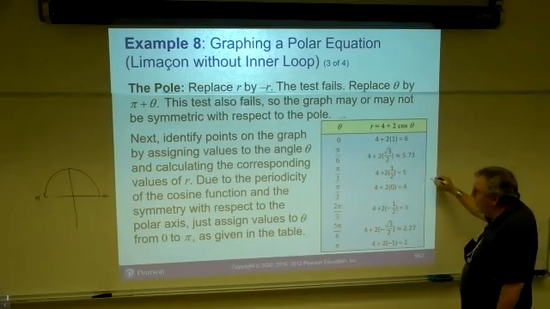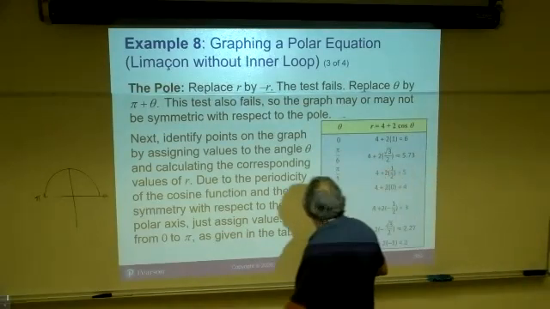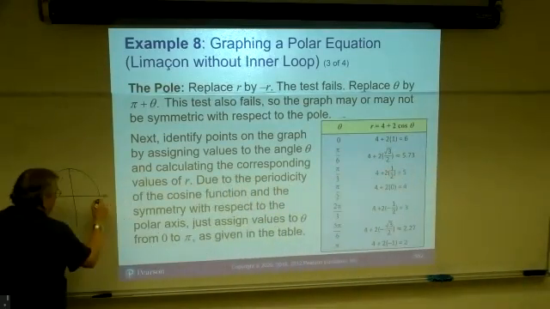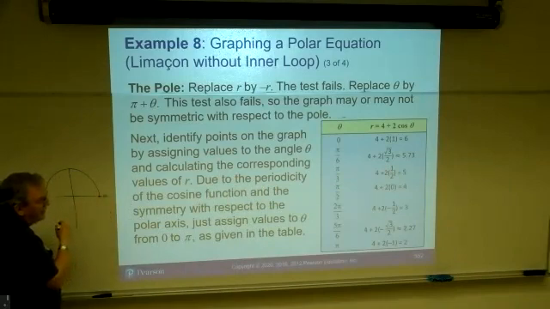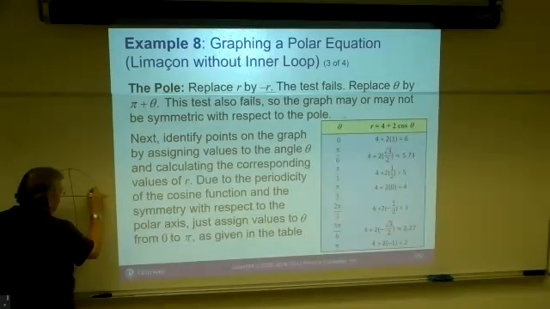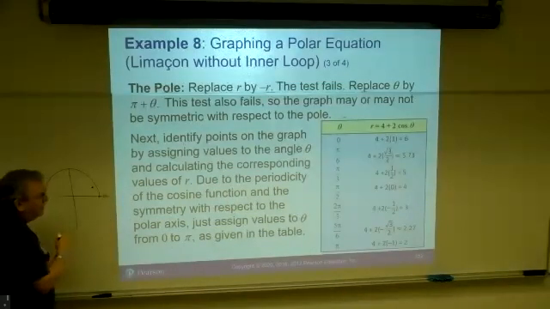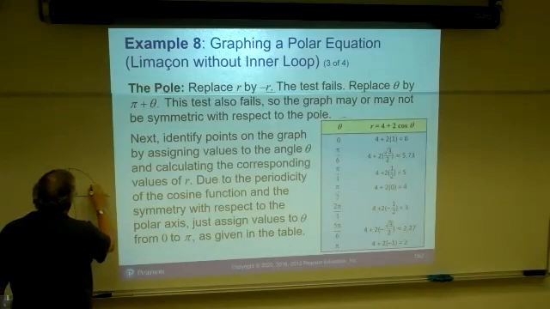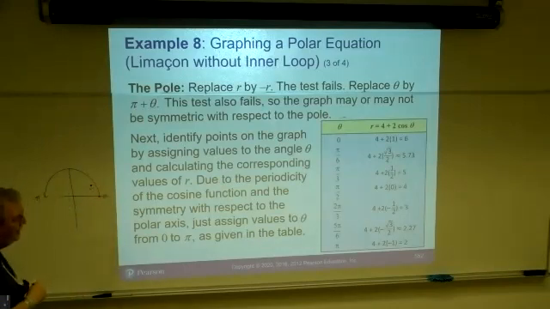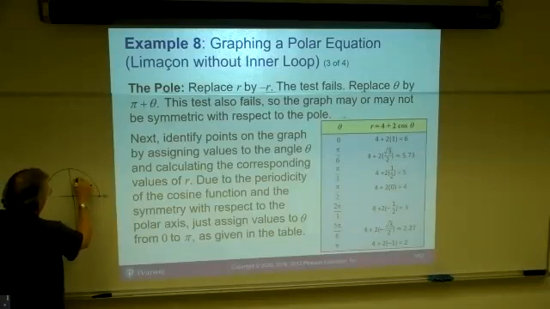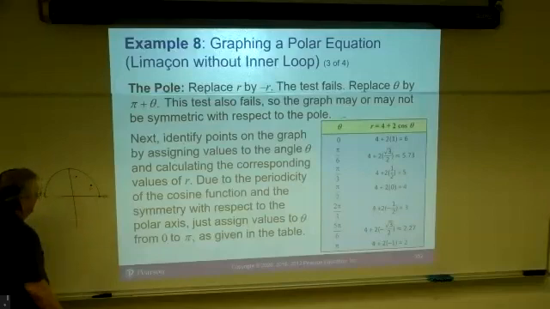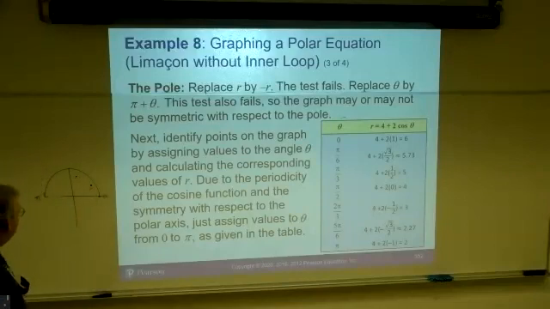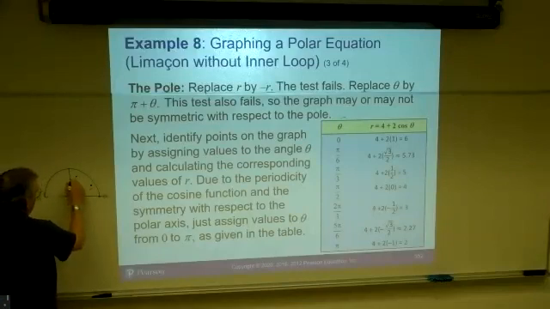And so the top half, you start over here at 6, and then at pi over 6 it's going to be at 5.73, which is about there. And then, well, that's a little too low. There. And then at pi over 3, it's at 5. Brings us to about there. And at pi over 2, it's at 4.